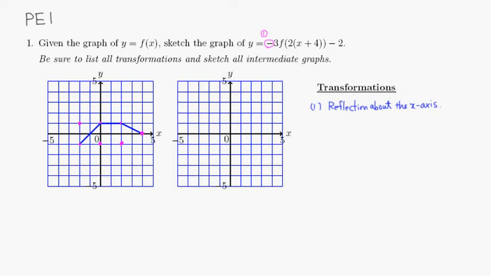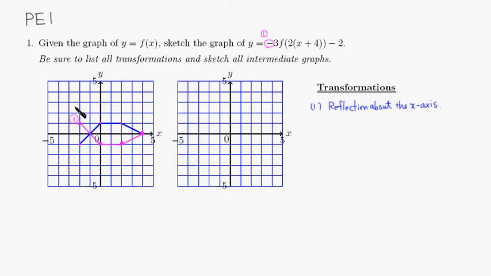Now we can connect those dots together, from here to there, from here to there, from here to there. That is the graph after the first transformation. I'll call this number 1.